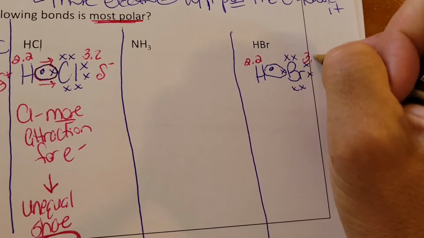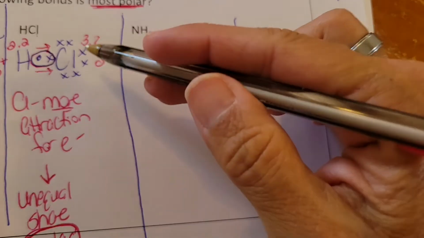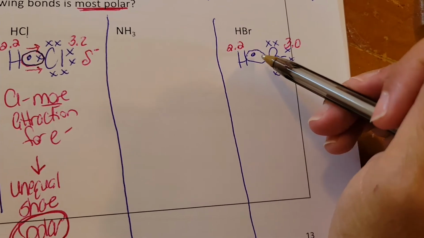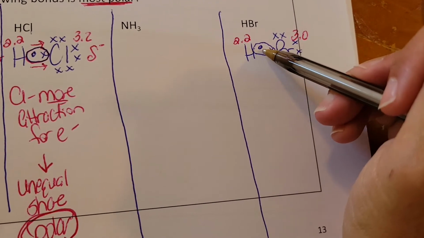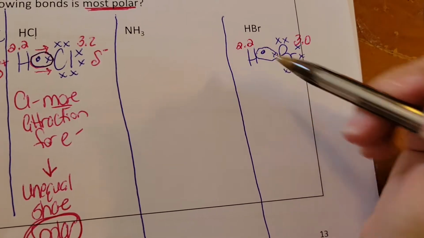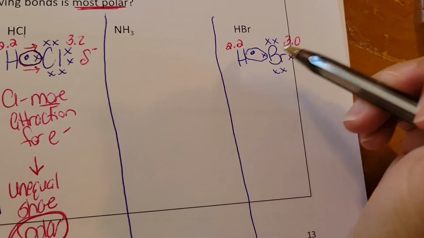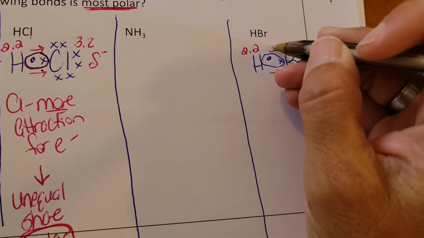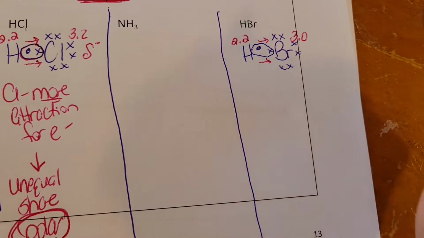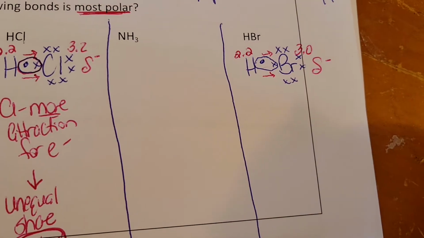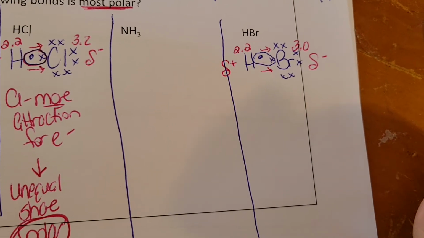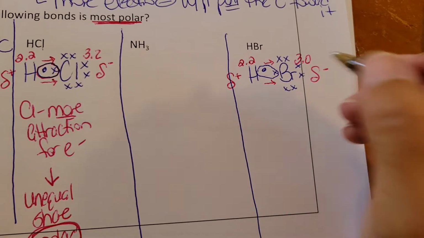Bromine is 3.0, so it's not quite as sexy as the chlorine was, but it does have a lot of attraction. So bromine has a stronger attraction for electrons than hydrogen. So it's not going to share these evenly. It's going to be pulling it a little bit more toward the bromine. So bromine will end up with a little negative charge, and this side will end up with a little positive charge.